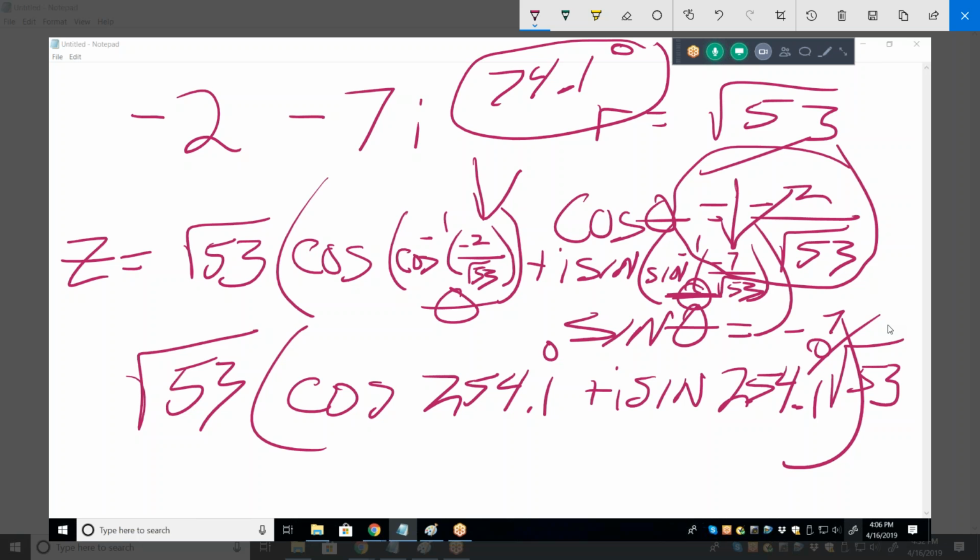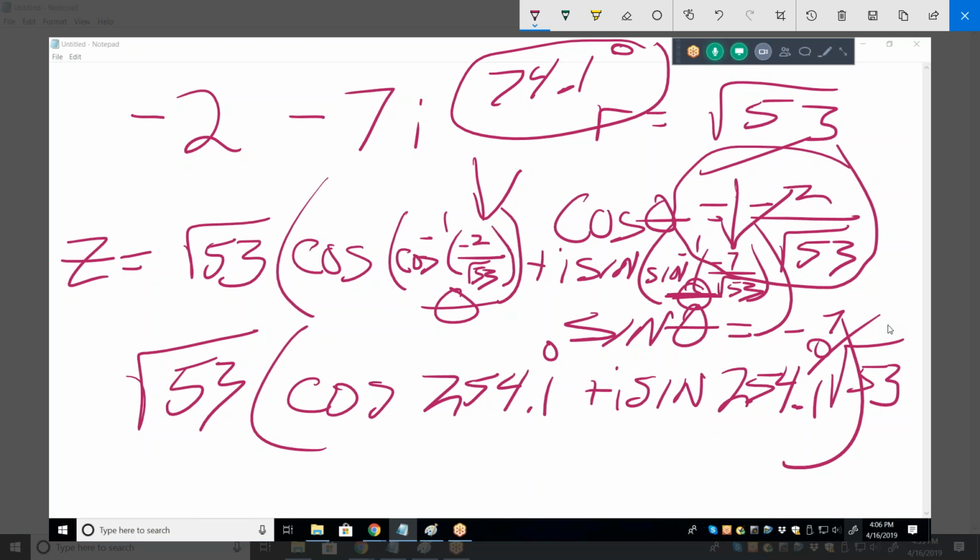Yep. 8 roots. And you can use de Moivre's theorem to find roots of complex numbers, which is not an easy thing to do, but de Moivre's theorem lets you do it.